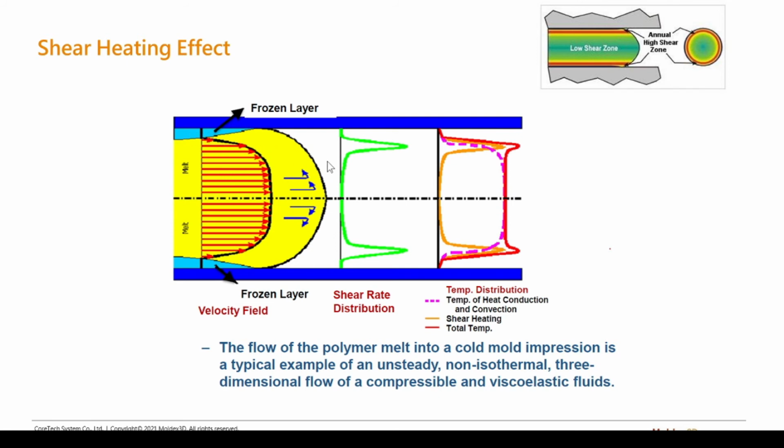This velocity gradient again causes a high amount of shear rate, and that's really where you're going to get a shear zone, as we call it. So the shear zone is out in the red regions here, and then in the middle of the melt there's not that much shear because the velocity gradient is pretty much zero.